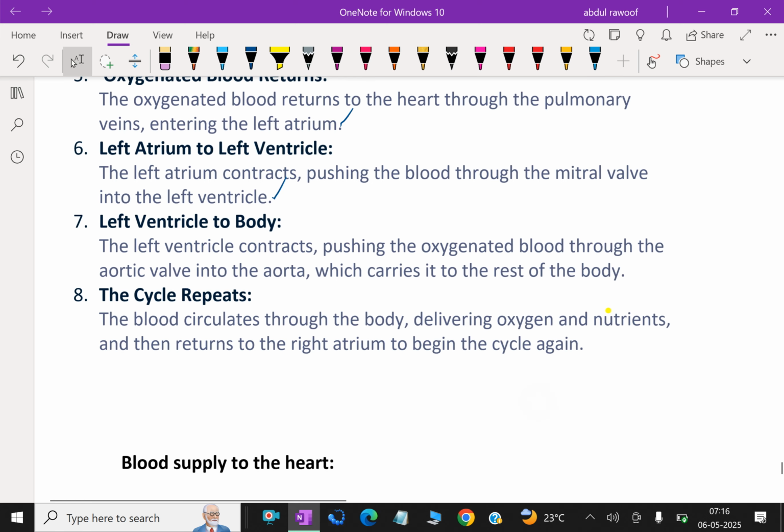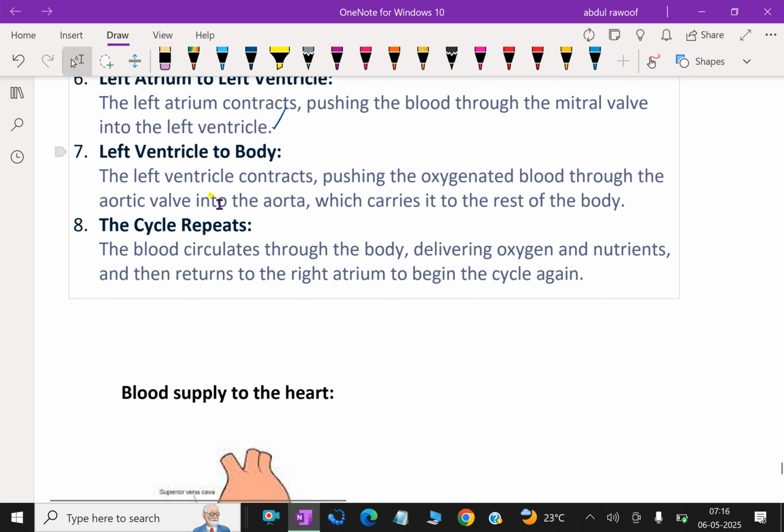Left ventricle to body: the left ventricle contracts, pushing the oxygenated blood through the aortic valve into the aorta, which carries it to the rest of the body. The cycle repeats. The blood circulates through the body, delivering oxygen and nutrients, and then returns to the right atrium to begin the cycle again.